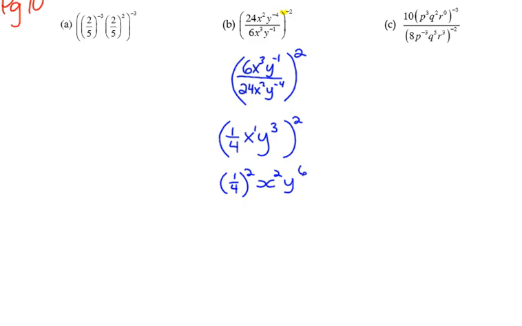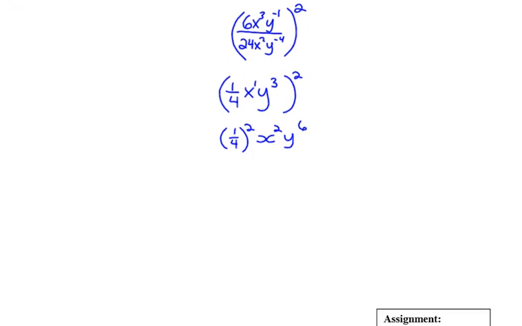Yes, Anthony? Okay. So we need to square the quarter. So really that's applying it to both the 1 and the 4. So 1 squared is 1. 4 squared? 16. And now we're done. Okay, there's two ways we can write that answer. You can write it like this, or you could write x squared y to the 6 divided by 16.